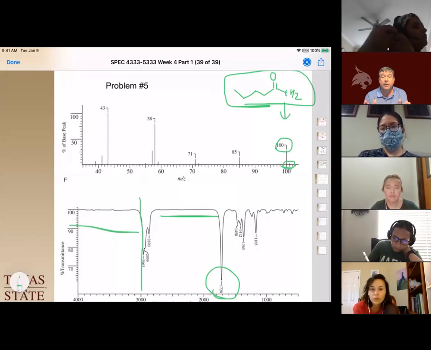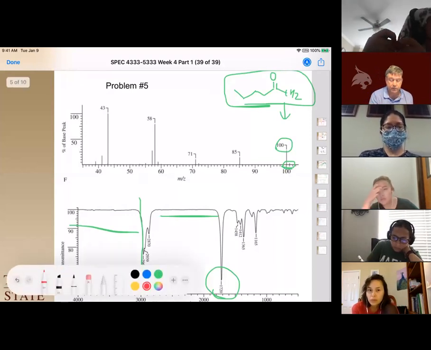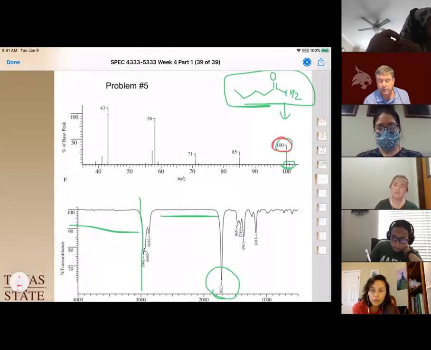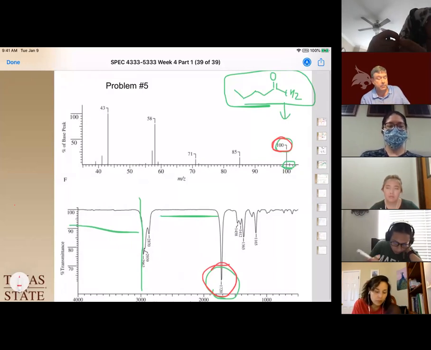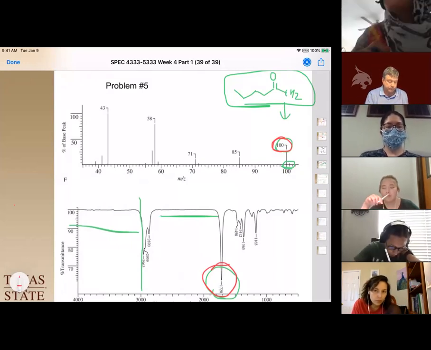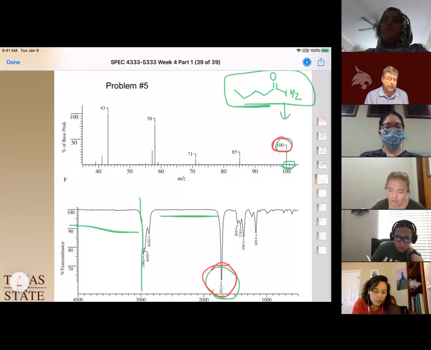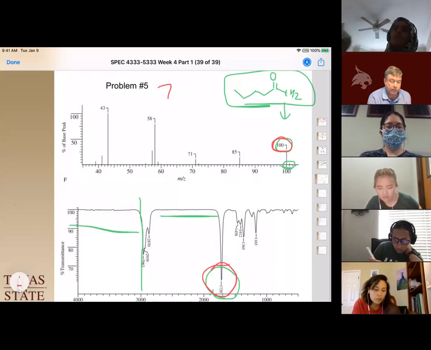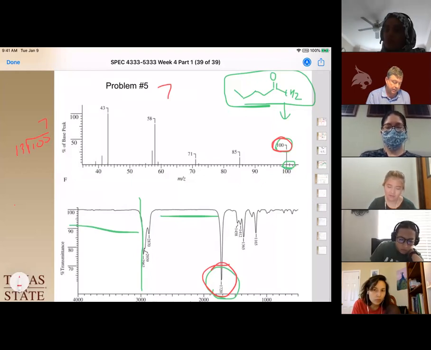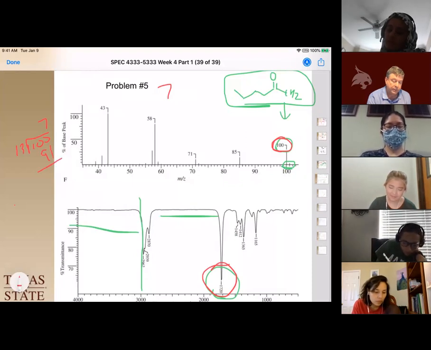Okay, let's see what other information we have. So that's a good starting point. So if we start with this 100, and we know we have at least one oxygen substitution because of our IR, that gives us 100 divided by 13 is 7, and so 13 times 7 is 91, which leaves 9.